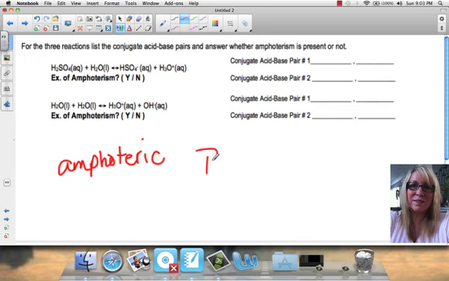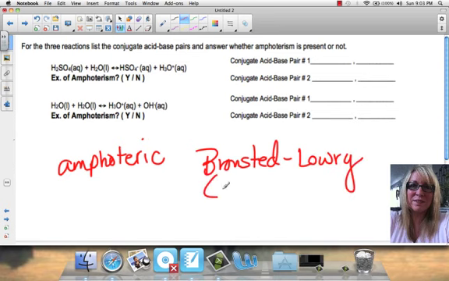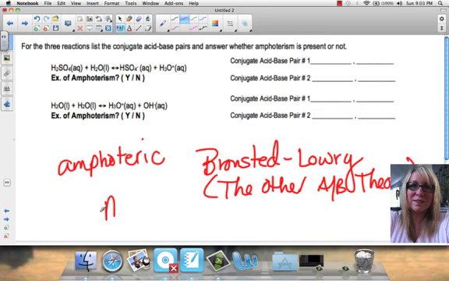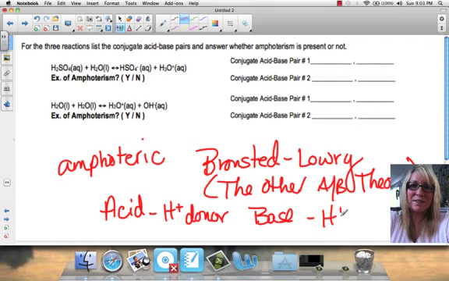This is really Bronsted-Lowry Theory, and they refer to this on the Regents as the other acid-base theory, in which case a Bronsted-Lowry acid is an H plus donor and a base is an H plus acceptor.